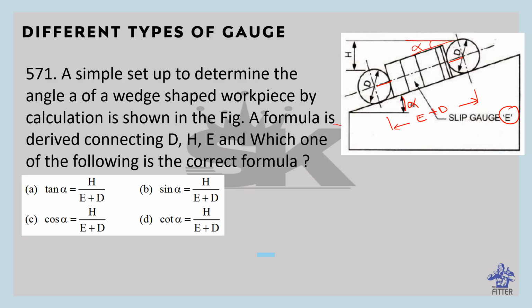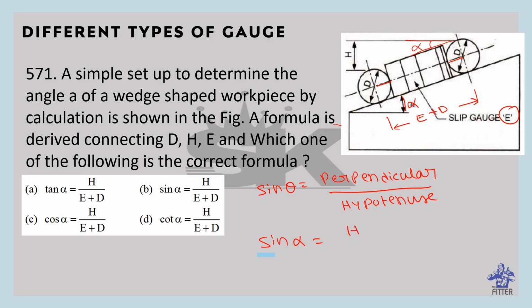Here the perpendicular is H, and theta is alpha, so sine alpha equals H upon E plus D. This is the base and this is the hypotenuse. So sine alpha equals H upon E plus D.